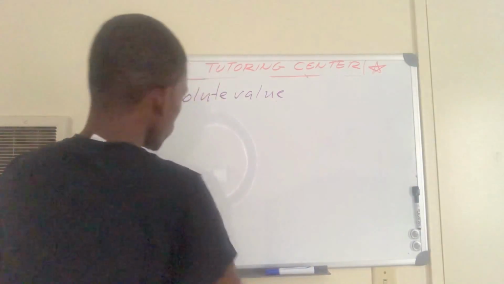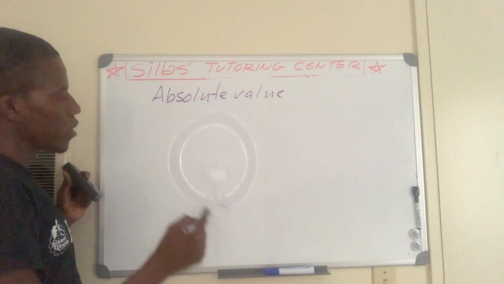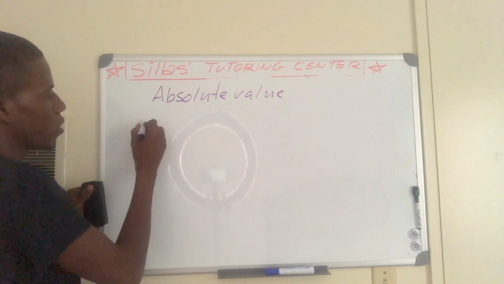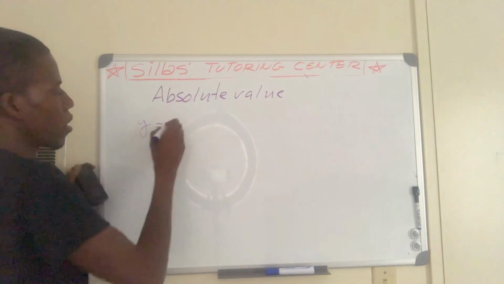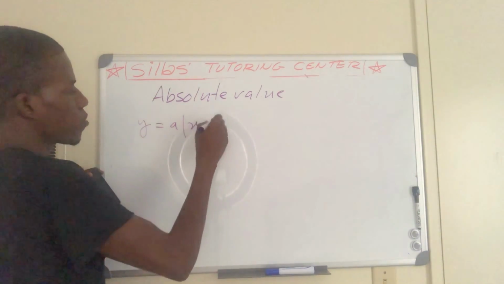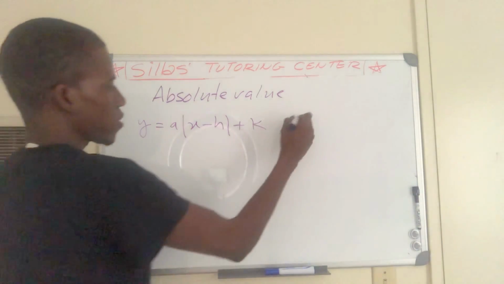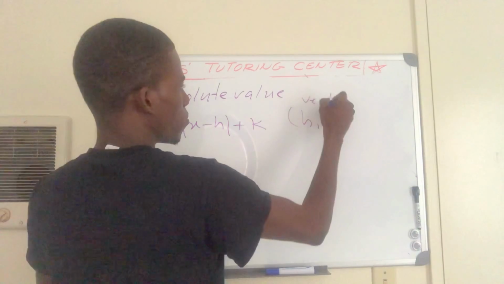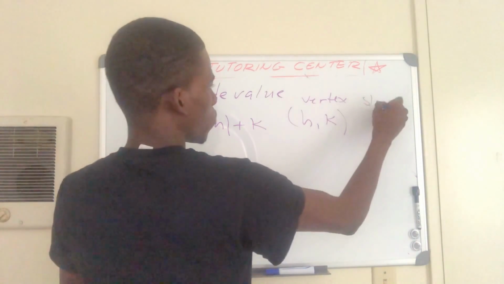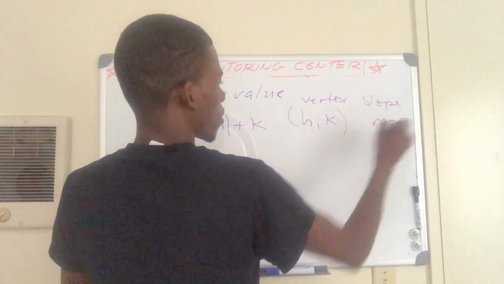So we know how our absolute value function is going to behave before we do anything. We said there are 4 ways. As a review, I can have y equal to a times absolute value of x minus h plus k, and our vertex is h, k, and our slope is m equal to a.